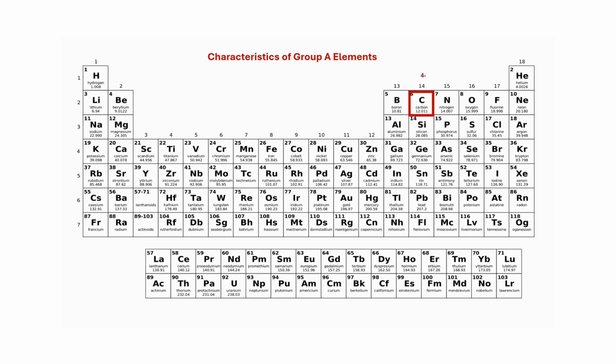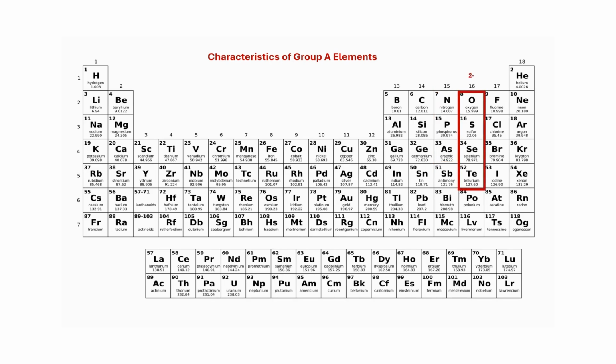Carbon, if it has a charge, it might be a negative 4 charge. And nitrogen, phosphorus, and arsenic, most of the time, if they're going to have a charge, it's going to be a negative 3. Now, having said all this, the charge can be different, but most of the time, usually if it's located on the right side when it's reacting with another element, it will be those charges. That's what we're trying to say here.